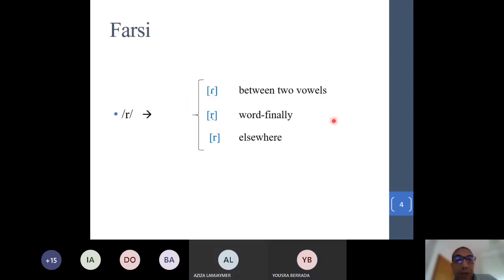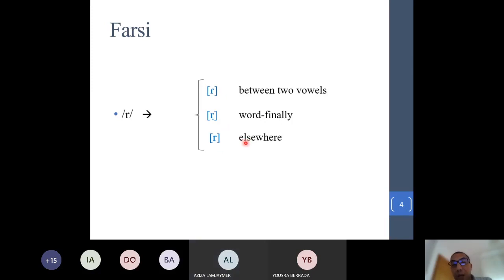This is actually a summary of the distribution of the sound R. The sound R has three variants. The first variant, which is the tap, occurs between two vowels. The devoiced variant occurs word finally, and the other one has more environments.